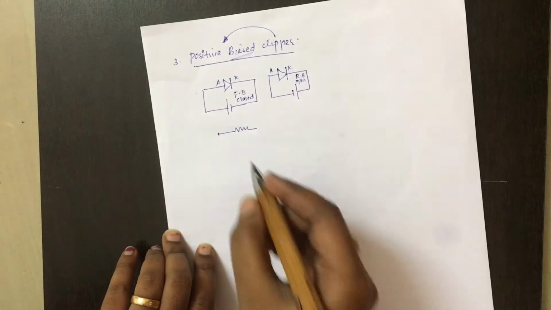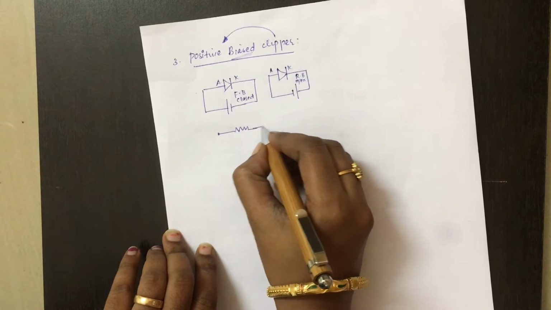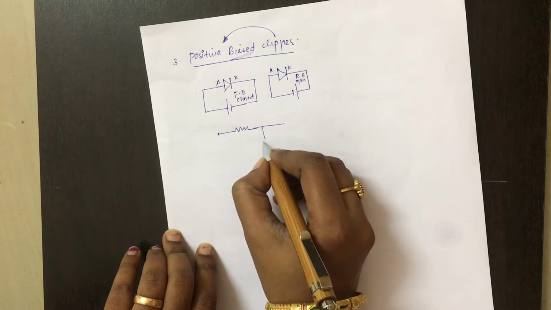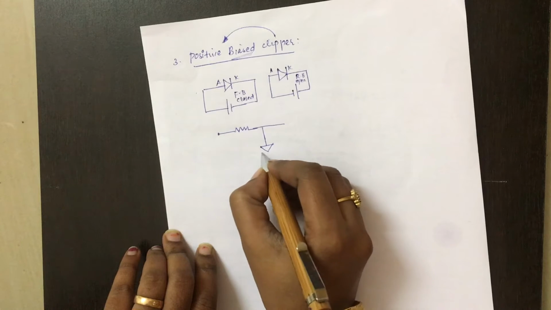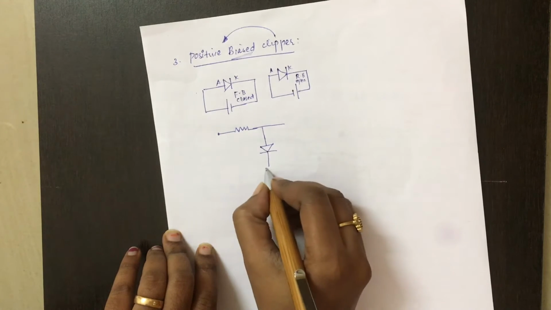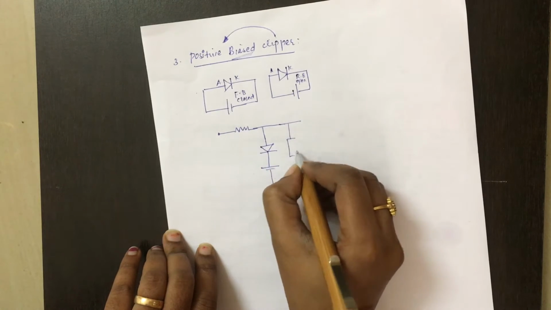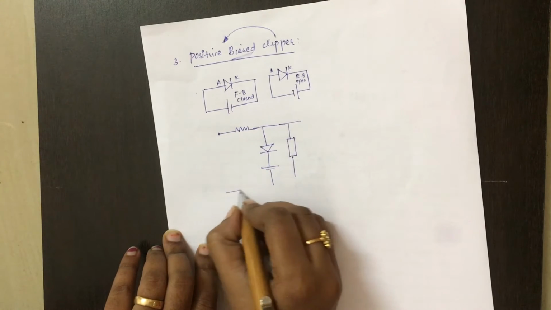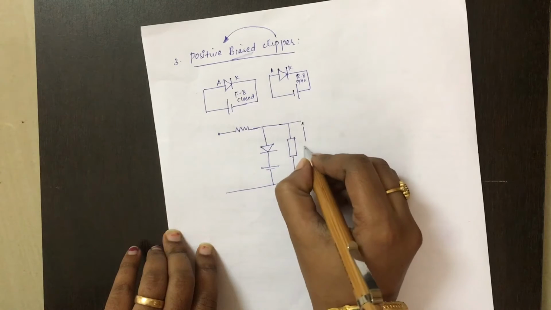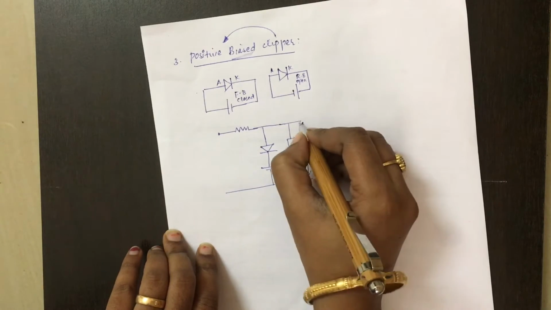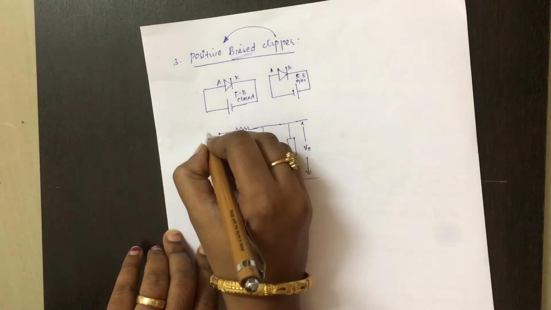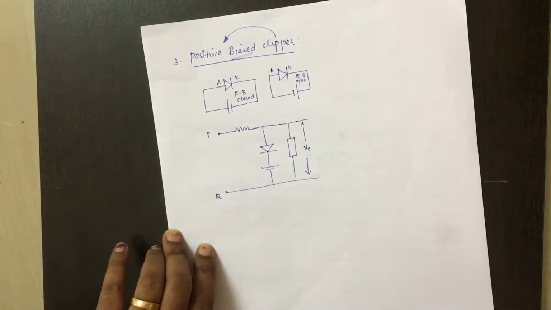So I'll explain how. There is a resistor and diode, and here you are giving a positive battery, and this is the output you will be taking from the load resistor. Okay, so this is P and this is Q.